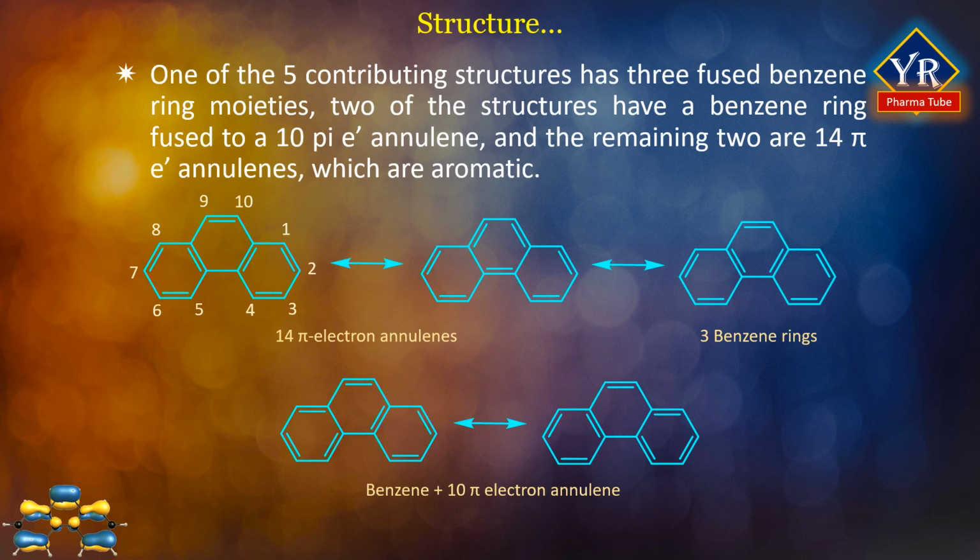An examination of each contributing structure discloses that the C9 to C10 bond has 80% double bond character, whereas the opposite bond across the ring, between the carbons that are not numbered, has 80% single bond character. Other carbon-carbon bonds have varying bond order, as reflected in the bond lengths shown on the right-hand structure.